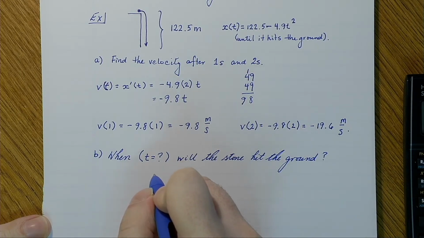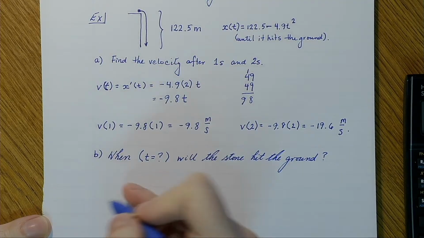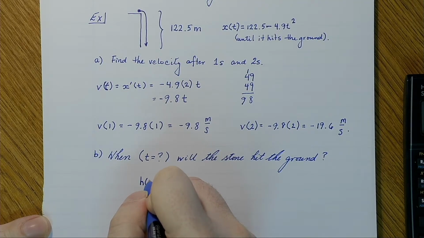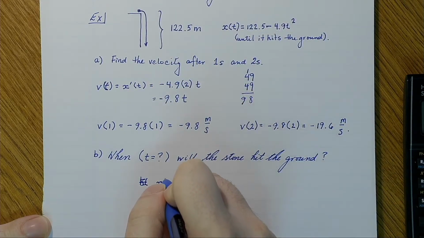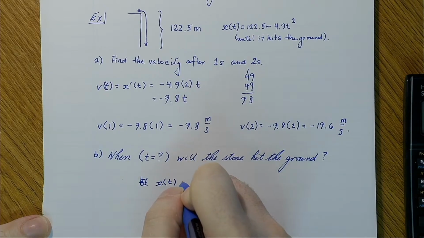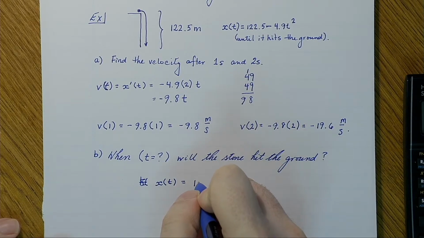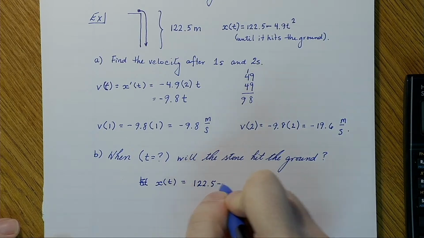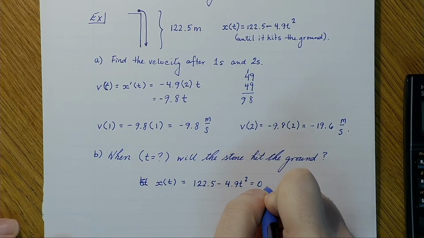When it hits the ground, that would be when the position is 0. Our position, which I was thinking height, that's why I wrote h. But our position is x. And so that's that original function: 122.5 minus 4.9 t squared equals 0.